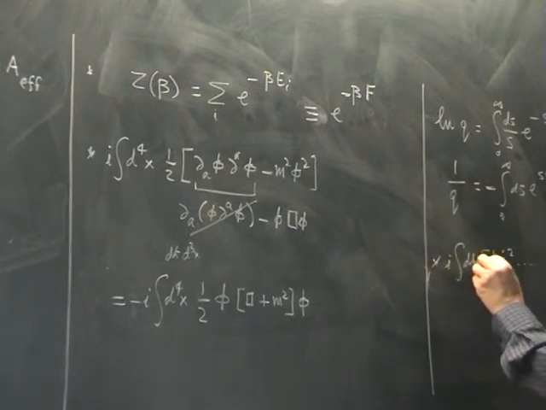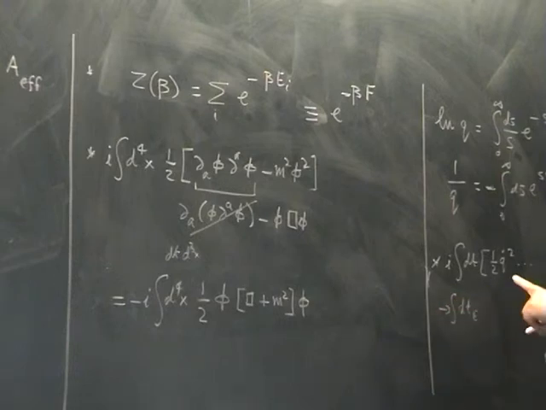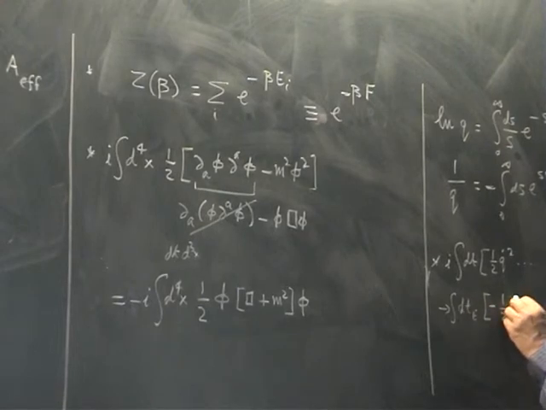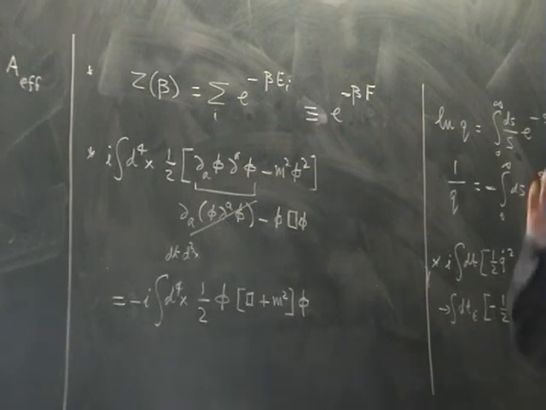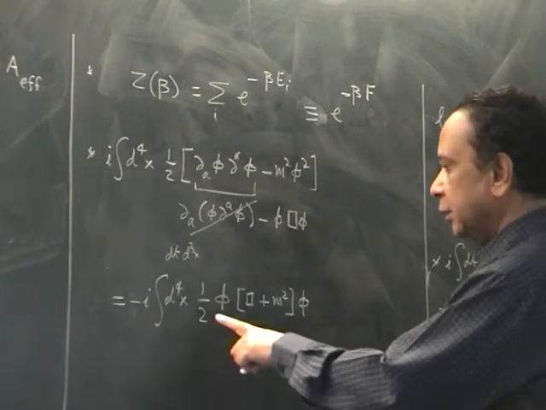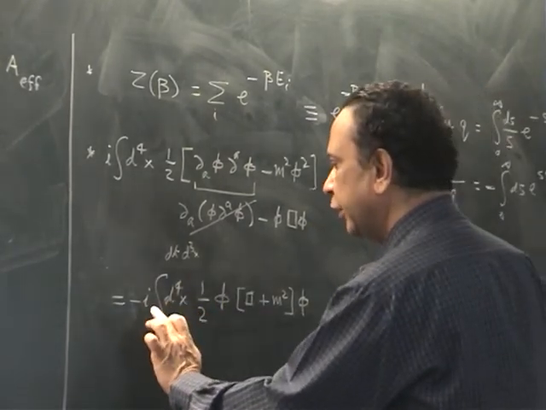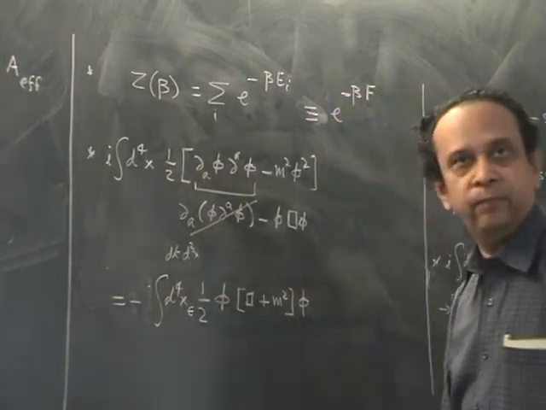So if you change this i dt to dt_E, this will give you your much needed minus sign: minus half (dq/dt_E) squared, because we want the overall thing to be negative. So this is the way you should be rotating, which I explained to you. It goes in the reverse and in the clockwise direction in the complex plane. So i dt has to go into dt_E, so this i goes away and I can call this d4x.